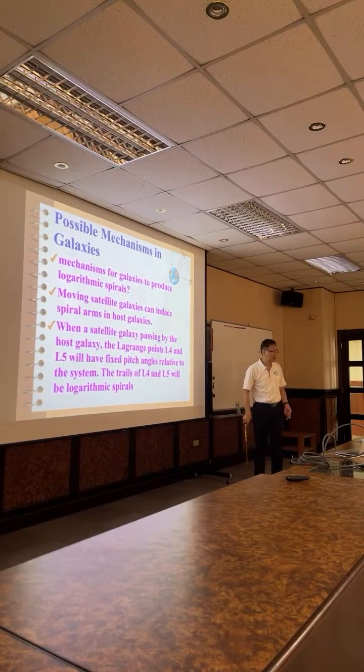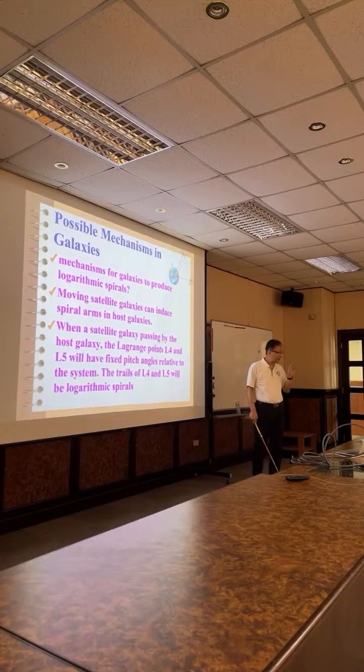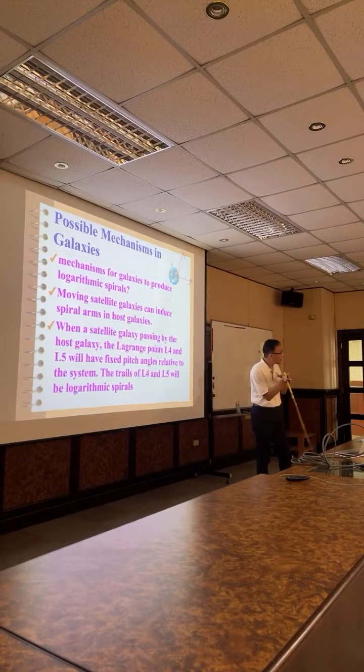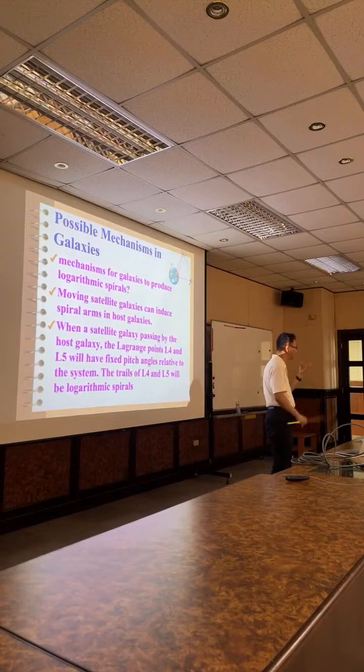I think in order to develop a spiral pattern, you need an axisymmetric potential, right? Then you need a companion galaxy; a satellite galaxy is one way. Another way is that you have a bar. So I'm thinking that in order to get a spiral, usually you need some perturbation, even if it is very small.